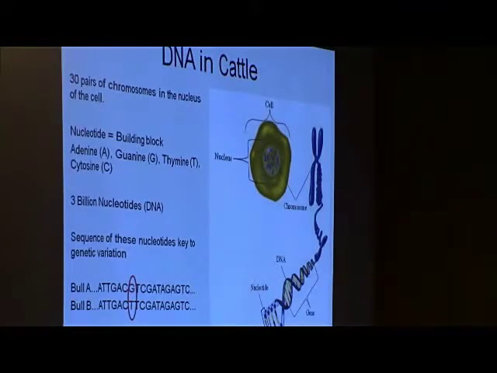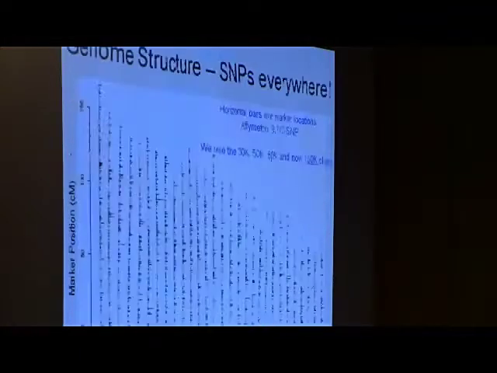So again, I apologize, it's hard to see all the way in the back, but what we see here is bull A has a string of nucleotides, bull B has the same string of nucleotides, except at this red point, and that is one point in the genome that they differ, and that's called a single nucleotide polymorphism. One nucleotide that's different, S-N-P, pronounced SNP.